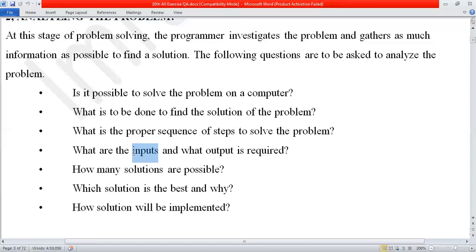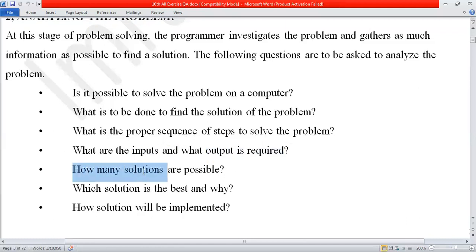Personnel means you require a laptop, and the RAM of the laptop should be 4 GB or 2 GB, or a hard disk. So these are the inputs. And what is the output? When you have completed the program, what will be the output of that program?